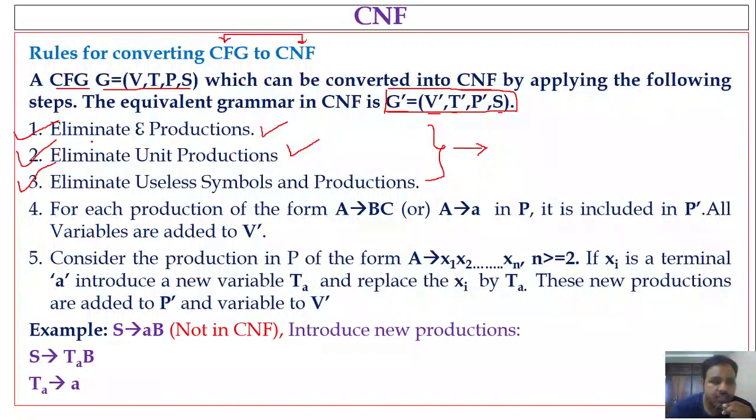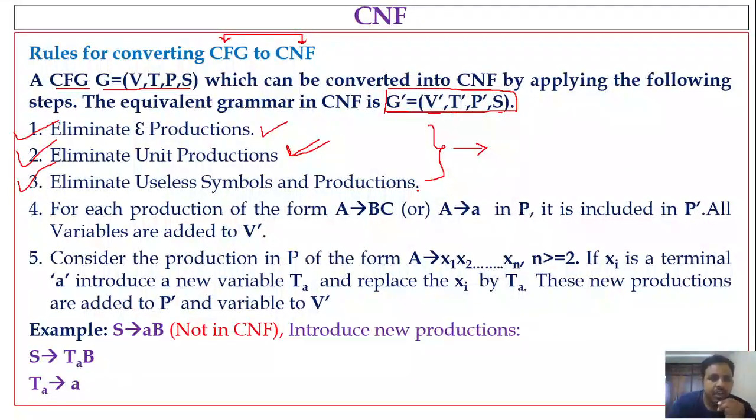Elimination of epsilon productions leads to the generation of unit productions, so definitely you are going to get unit productions. Once you eliminate the unit productions, you may get useless productions. So the third step is to eliminate useless symbols and productions. This is the order in which you simplify the given context-free grammar.